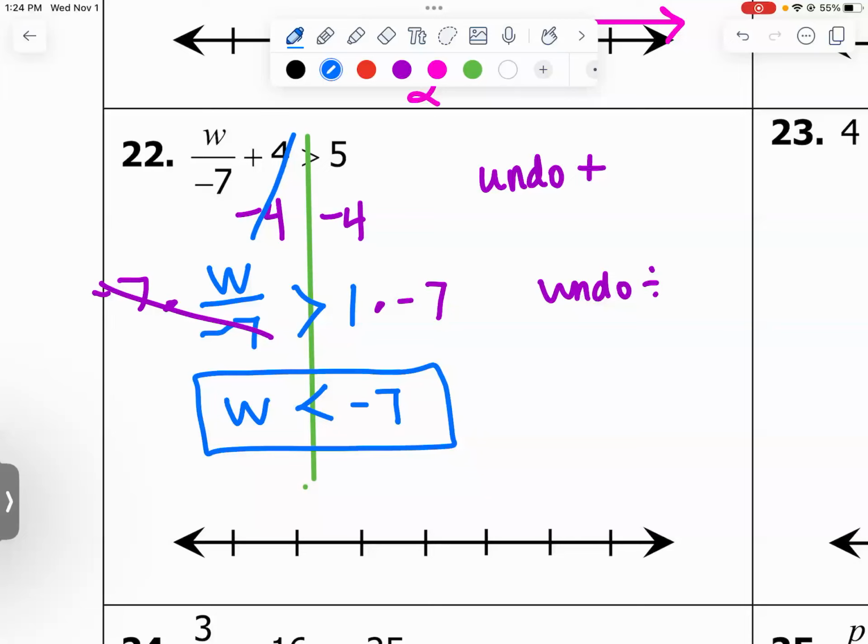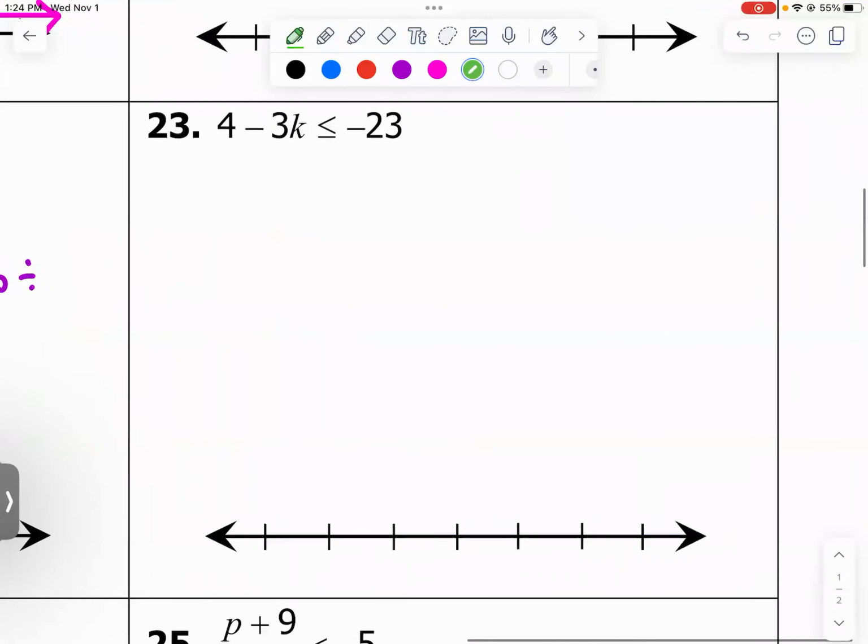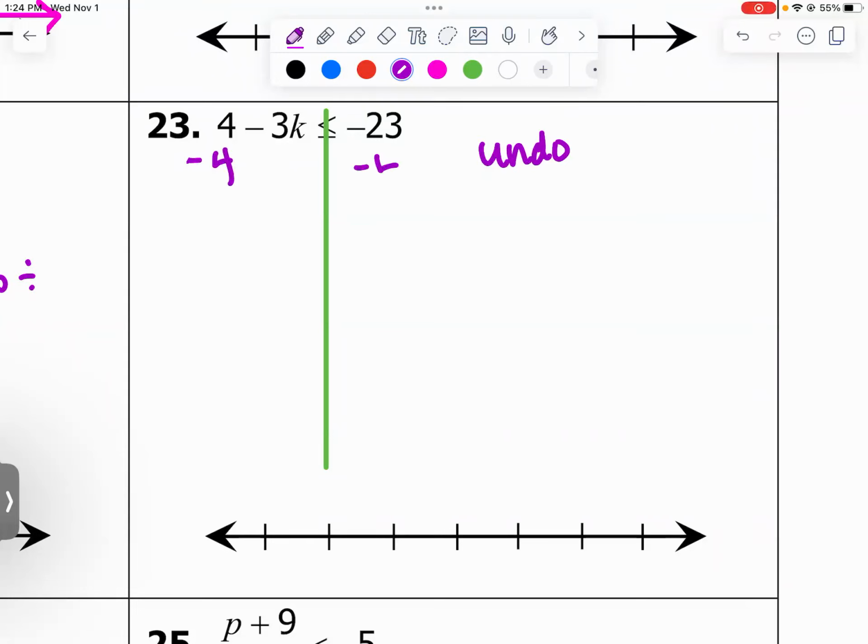I said after 23. All right, let's look at 23. Okay. Lainey, what do we need to do first in number 23? Okay, why are we subtracting 4? Because this is a positive 4.